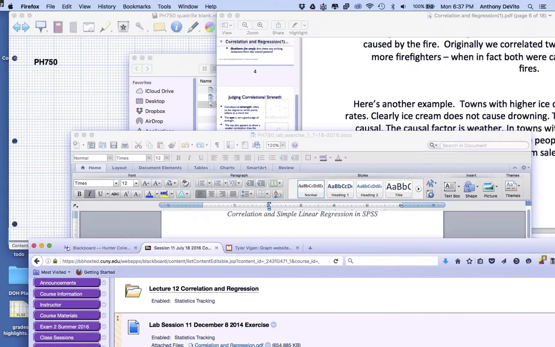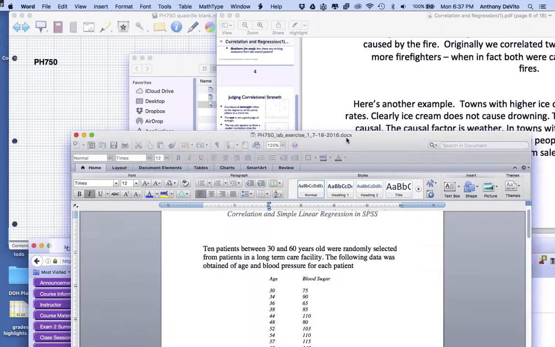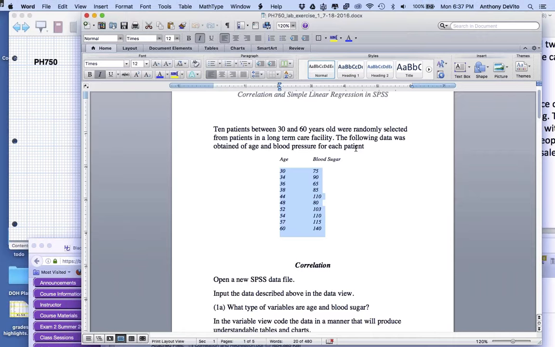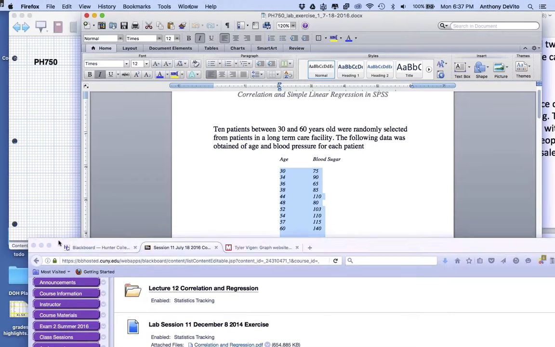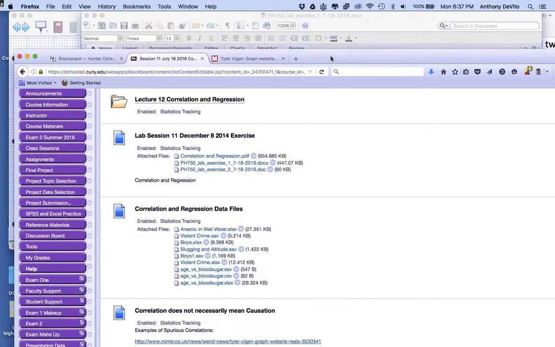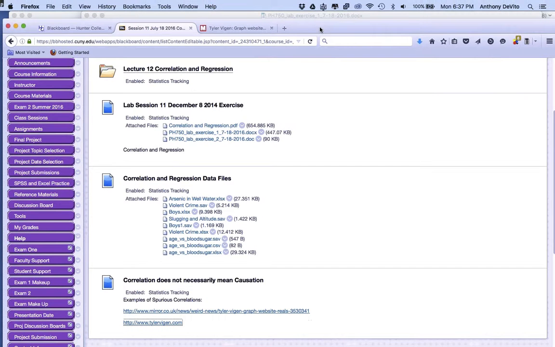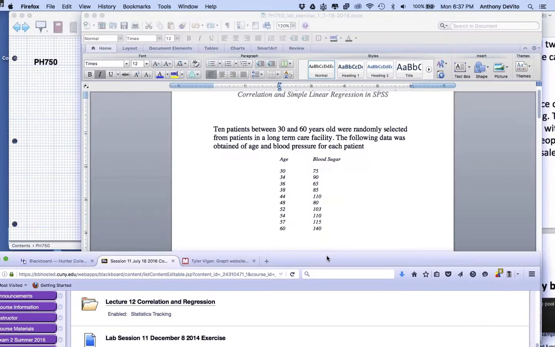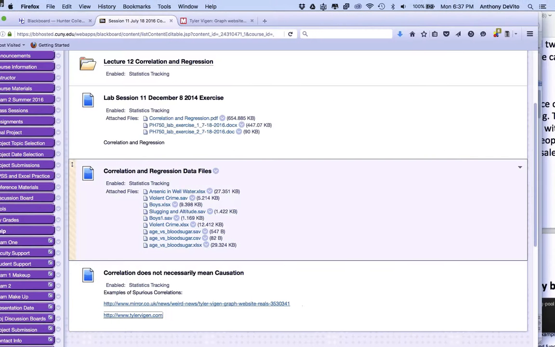Let me get another look at this. Do I have that file there? Yeah, if you want, you can download that to your desktop and open it, or you can just cut and paste it. Do I have that there? Which one is that? Oh, yeah, blood sugar. Okay.